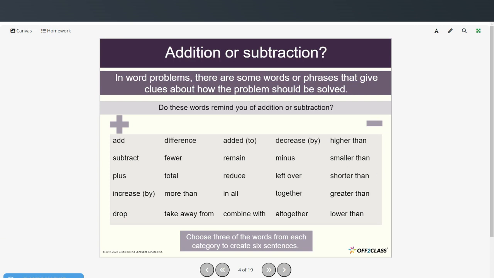Alright, so in word problems, there are some words or phrases that give clues about how the problem should be solved. So do these words remind you of addition or subtraction?